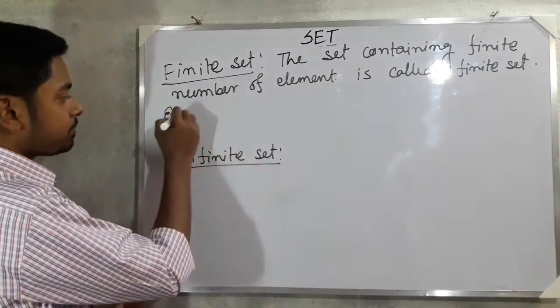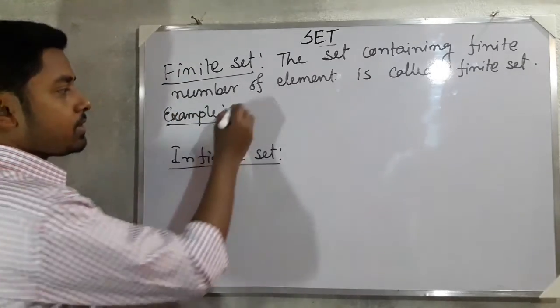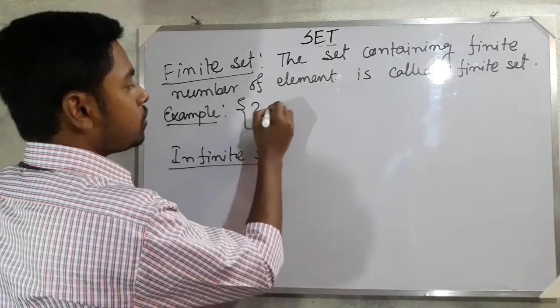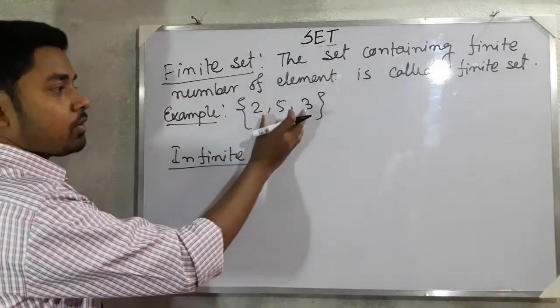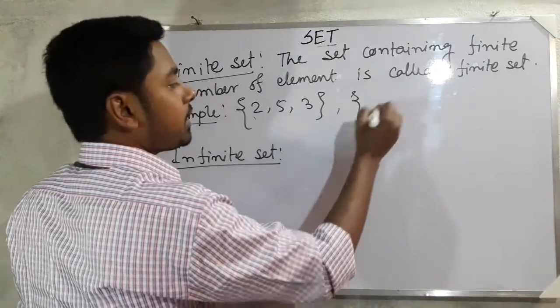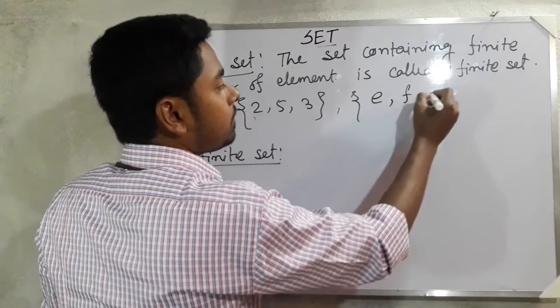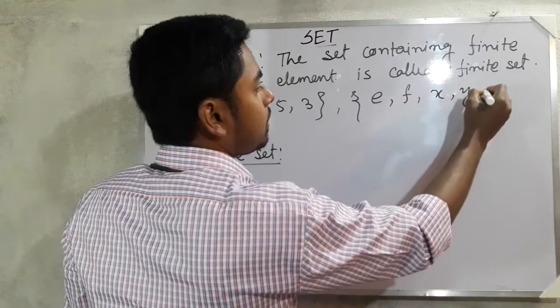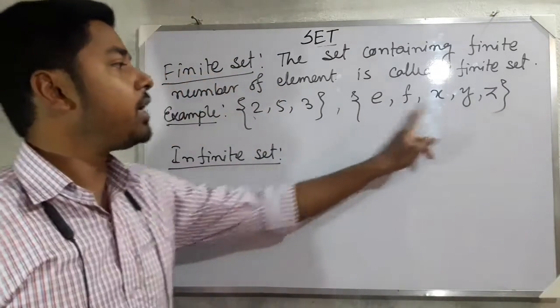Example. Suppose I am taking 2, 5, 3. It has 3 elements, so you can count it. It is a finite set. Suppose I am taking D, E, F, X, Y, Z. It is also countable, with a starting and ending point.